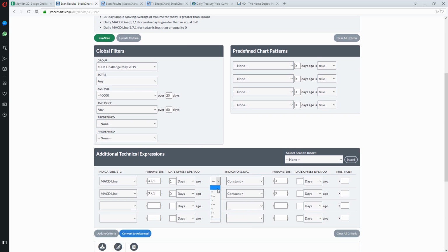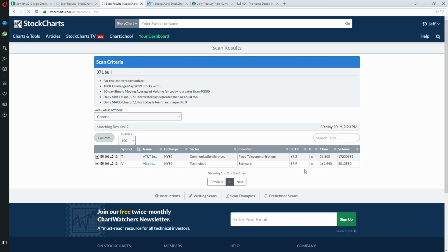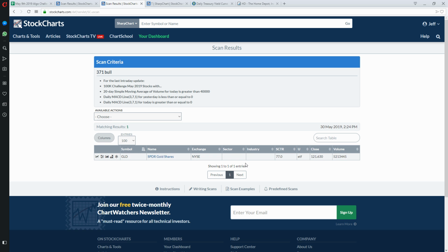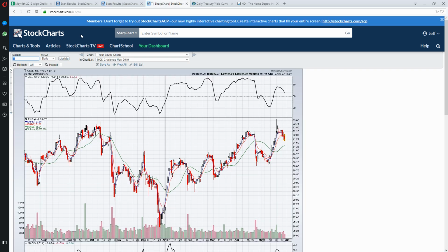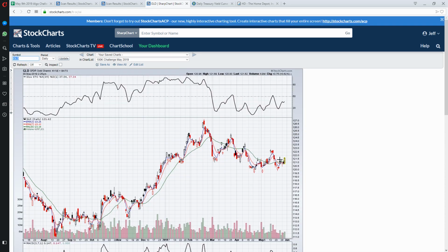So we could scan for the upside crossovers. We'll say yesterday our 3-7 MACD line was below 0, and now today we want it above 0. We hit run scan, and it's going to probably give us gold, GLD, and we can see that with GLD we have the 3-day moving average moving above the 7-day moving average today.